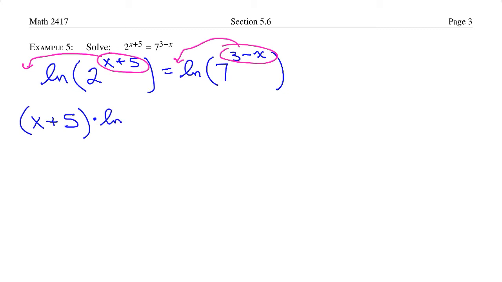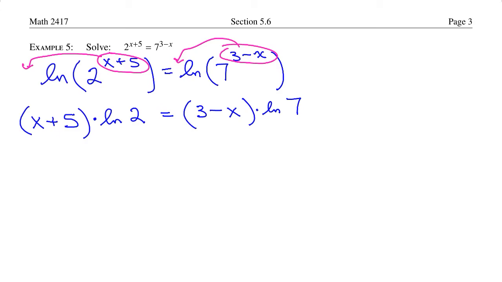So we have parentheses x plus 5 times the natural log of 2. And that's equal to, parentheses, 3 minus x times the natural log of 7. And now, believe it or not, this is just a linear equation. And so we distribute, get x's on one side, get all the numbers on the other, and solve for x.